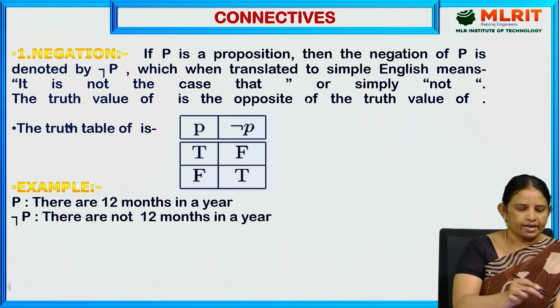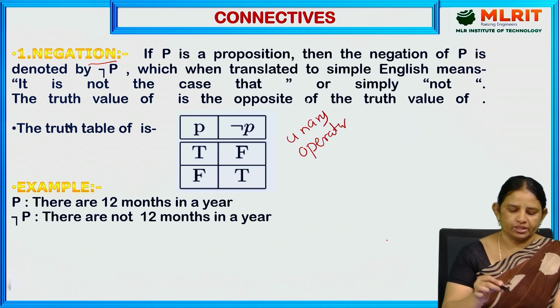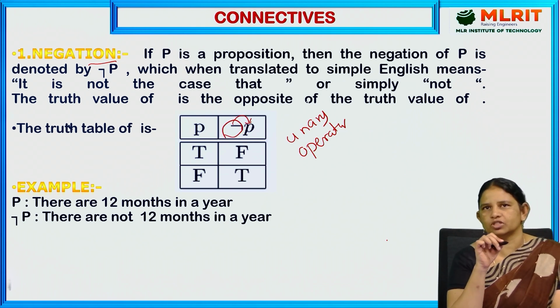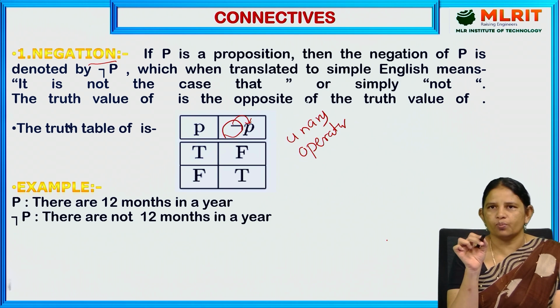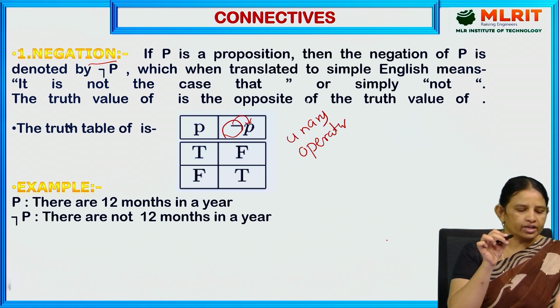Negation is a unary operator. What is meant by unary operator? Negation is applied to only one proposition.